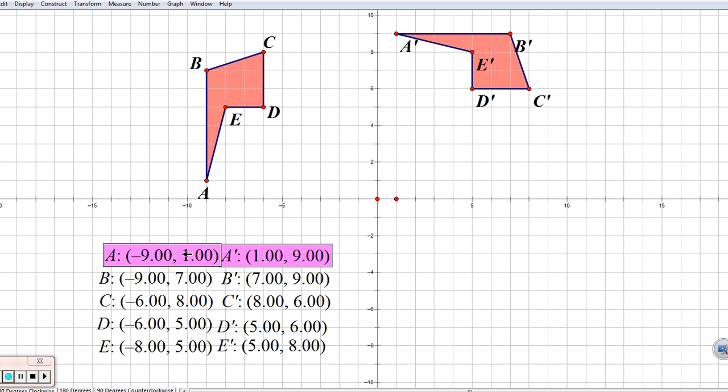Okay, now let's compare A and A prime, pre-image to image. What do you notice about our numbers? First thing you should notice is that our numbers didn't exactly change all that much. However, they are in a different order, right?